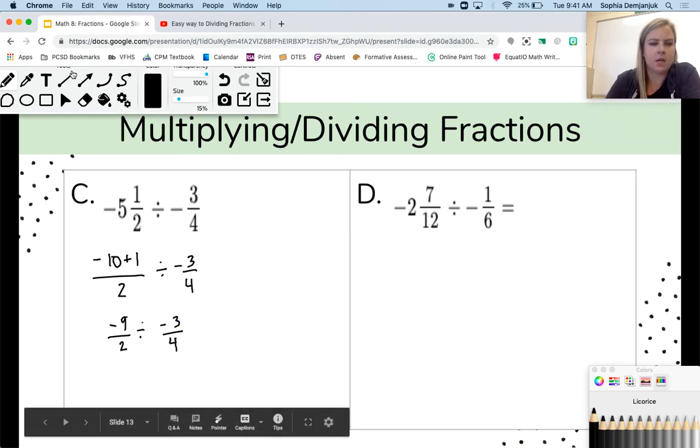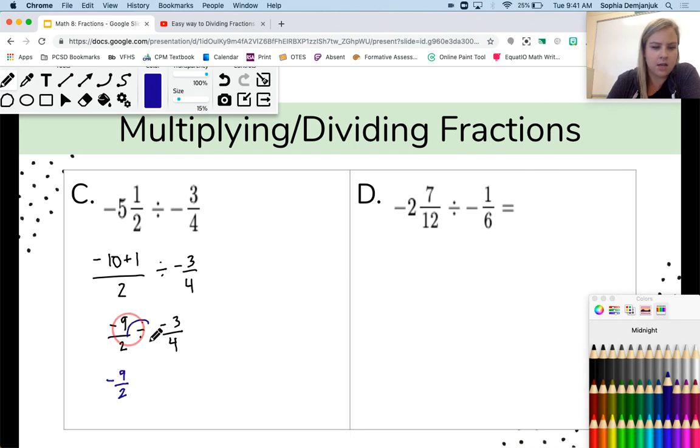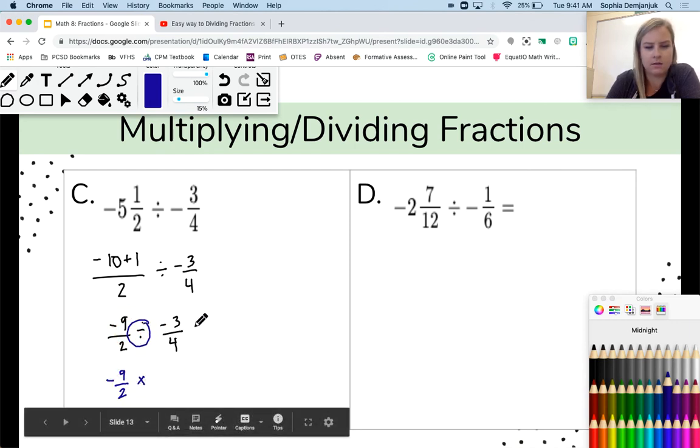And that's where keep, change, flip comes into play. So keep, change, flip says keep the first fraction, change the symbol to multiplication, and flip the second fraction upside down. So the numerator becomes the denominator, negative 3 goes in the bottom, positive 4 goes in the top. Now we can multiply across the top.